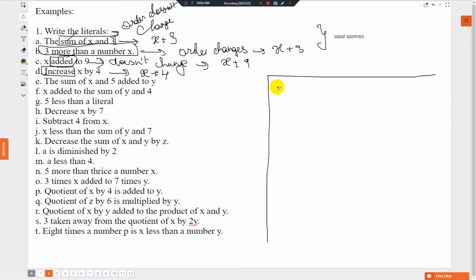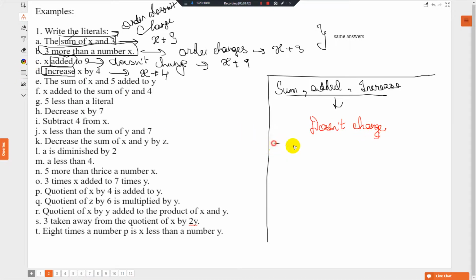When sum, add, increase come, what are you going to do? Does the order change or not change? It does not change. It doesn't change.